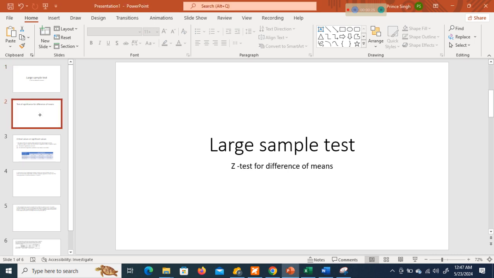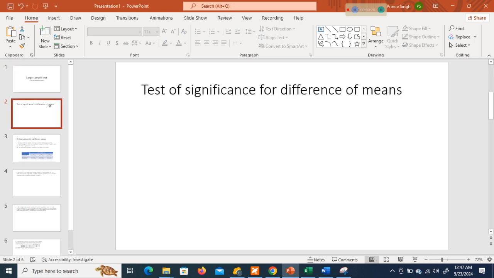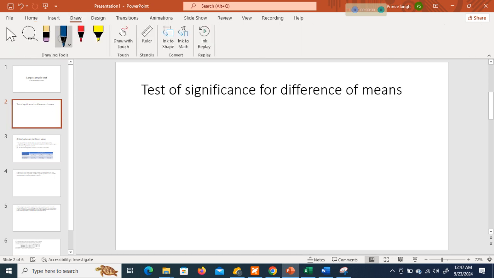In this case the working procedure is the same as we discussed in our last video, and we are going to follow the steps. The first is to set up the null and the alternative hypothesis.